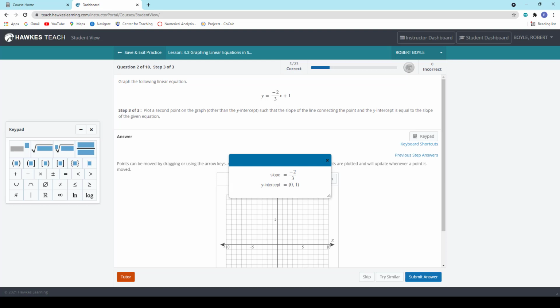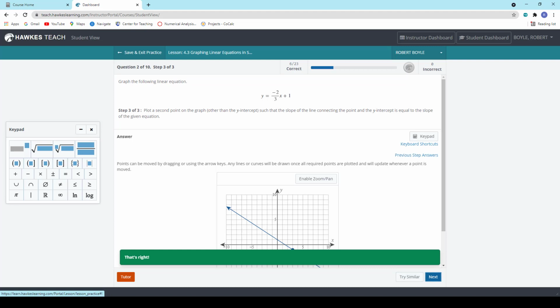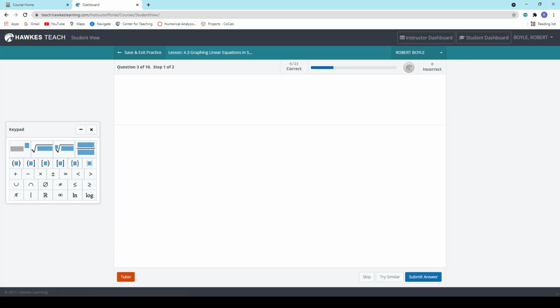So we want to go to the right 3 points. 1, 2, 3. So that should be the point. If you're not comfortable with that, you can always substitute 3 for x, and then the 3's cancel, and you'll have y is equal to -2 plus 1, which is -1, which would give you that point as well. Okay, and there you go. We got that one correct. Moving on.